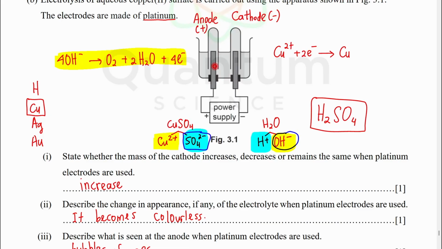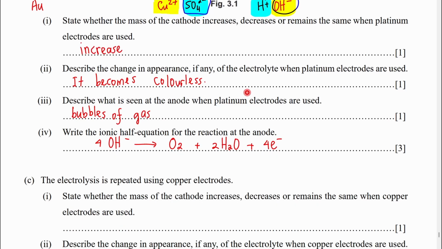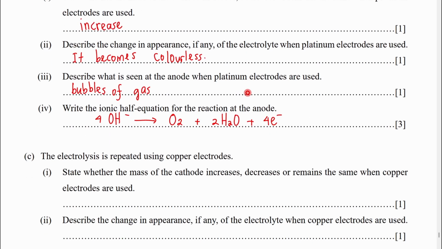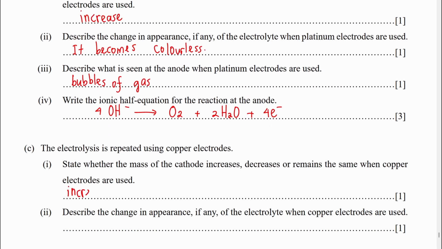Because it is just the moving ions from positive to negative electrode. So the mass at the positive electrode will decrease and the mass or the size of the cathode will increase, because everything from here moved to here, right? So the question is asking about the mass of the cathode, so we know it should be increased.